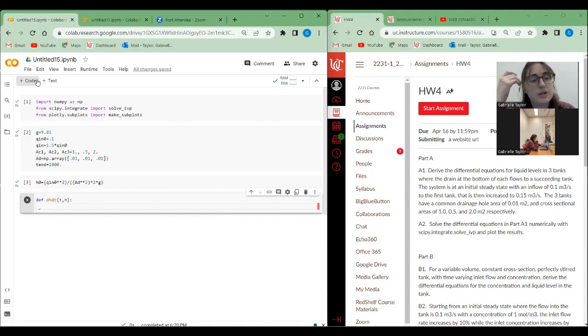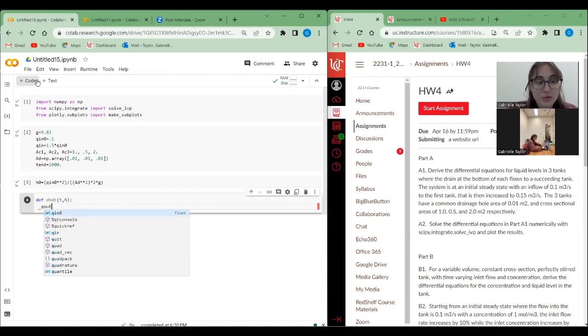So the next thing that we can do, after we know that, is solve for our Q out. Our Q out, we know, is going to be our cross-sectional area of the drainage hole times, well, Q1, Q2, Q3.